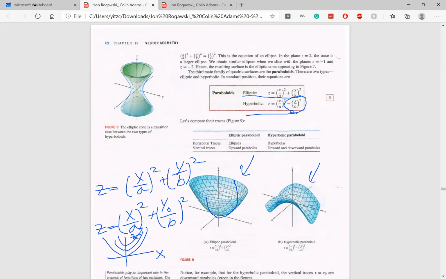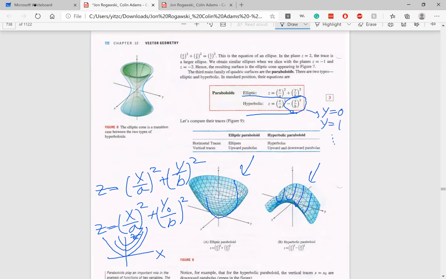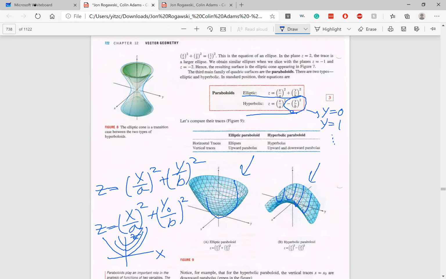And those are these parabolas over here. So this is when y is different constants. y is equal to 0, y is equal to 1. You get different parabolas.